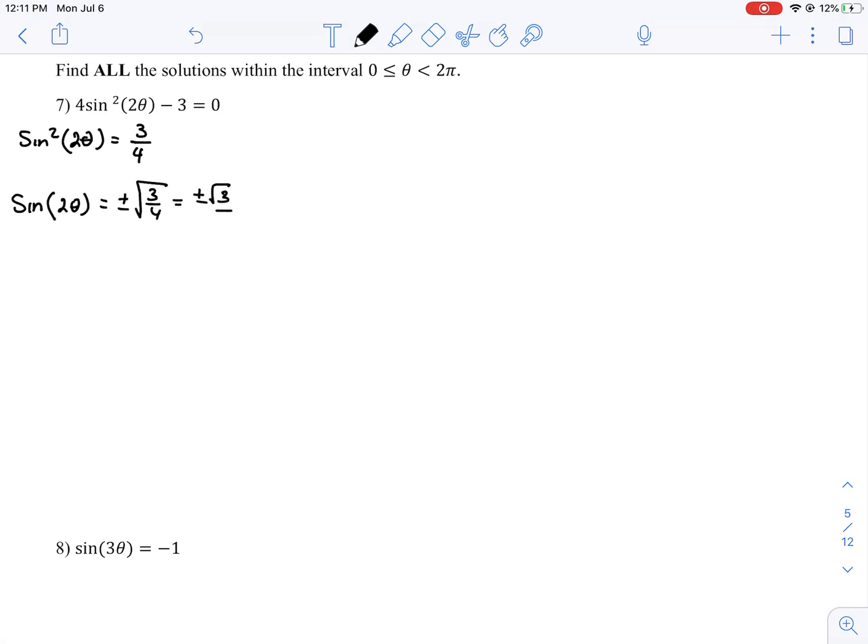If I break the radical up into 2 separate pieces, it's plus or minus the square root of 3 divided by 2. So we have sine of 2 theta is equal to plus or minus the square root of 3 divided by 2.